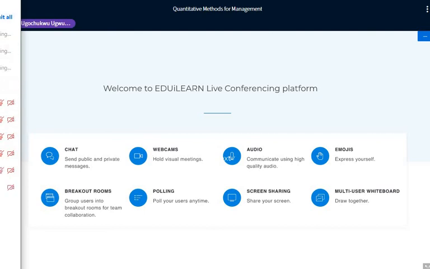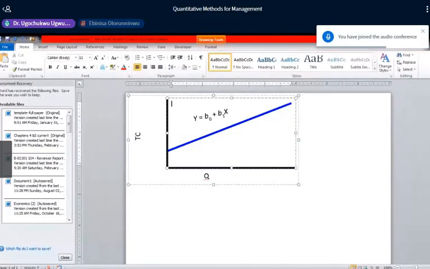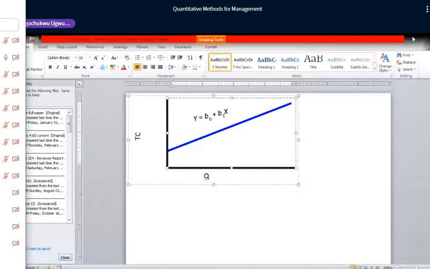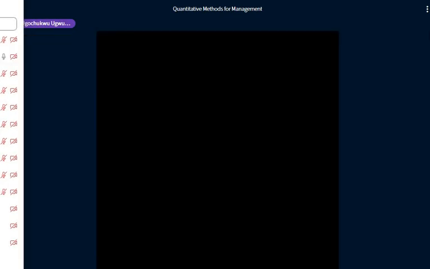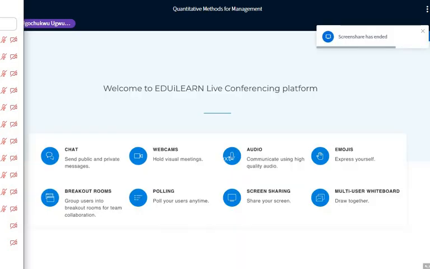That is A. If you have seen a straight line equation, let me see if I can just share a slide I prepared for something else here to depict. What this simply tells you is that when your Q, that means when your quantity demanded, is equal to 0, then your total cost.